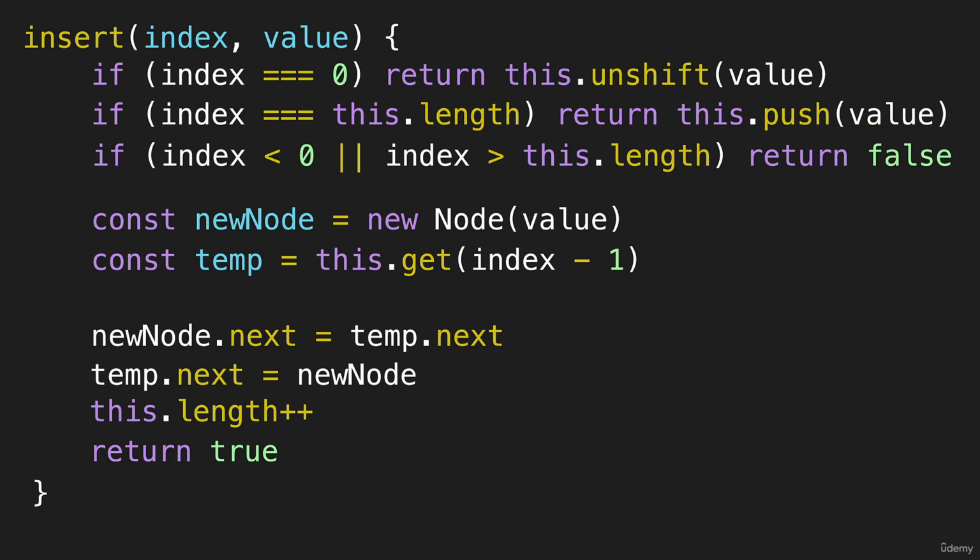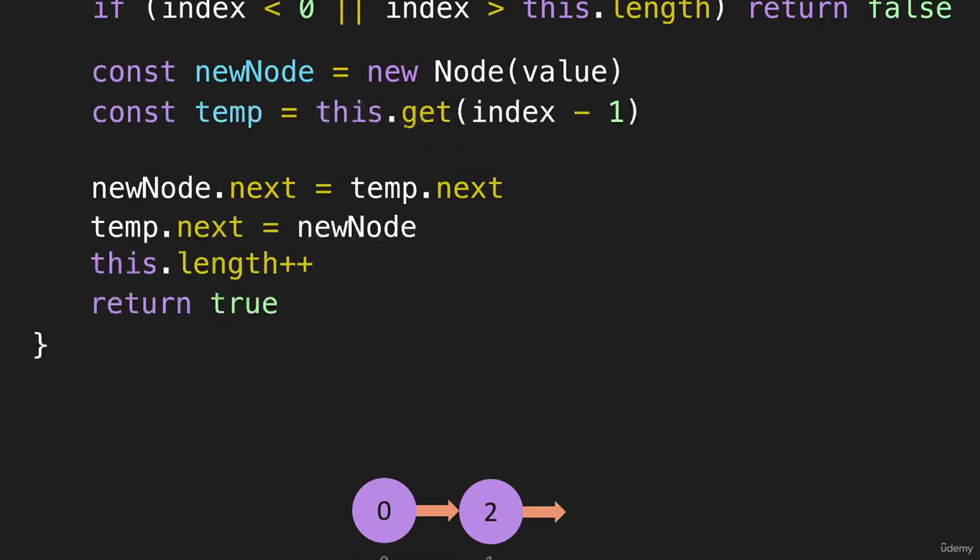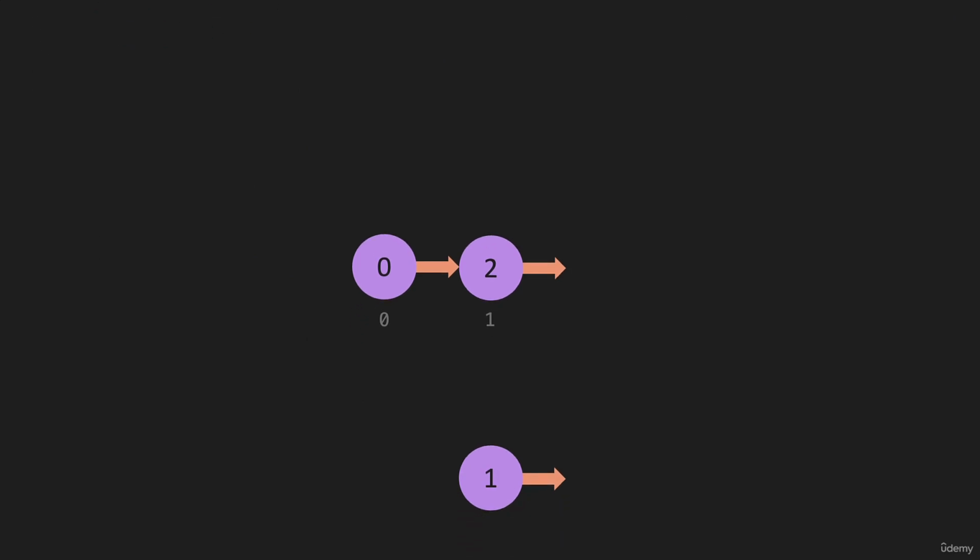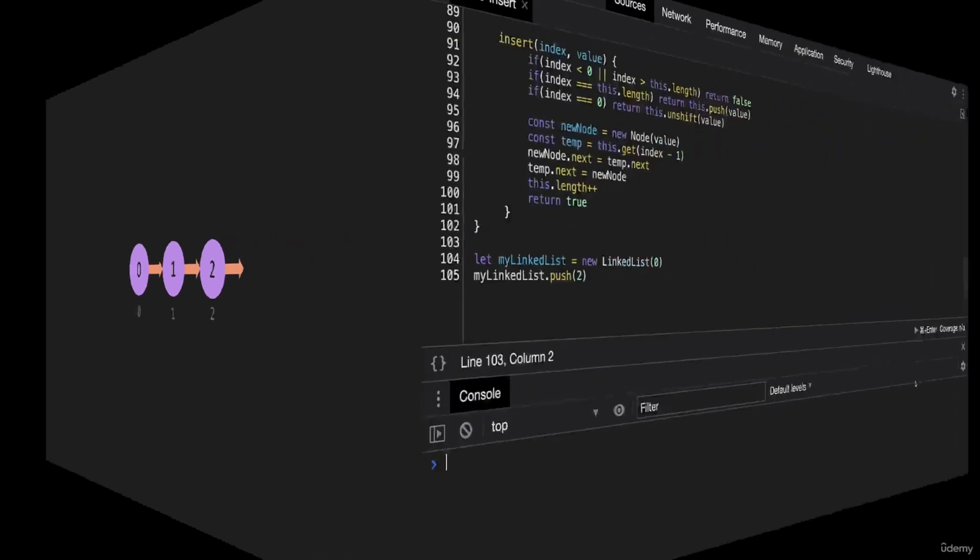So we'll look at this code in a moment in Chrome DevTools. But this is going to be the linked list that we create, a 0 and a 2. Then we're going to insert a node with the value of 1 at the index of 1. So it's going to be insert 1, 1. So now let's flip over to DevTools and have a look at this.